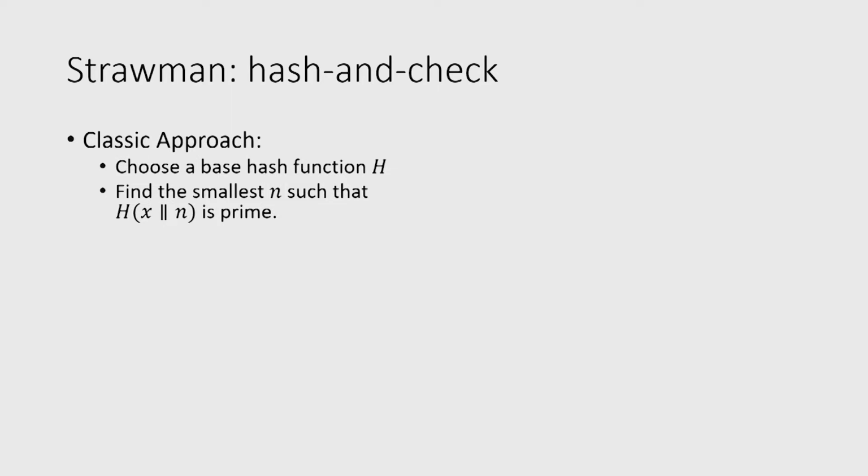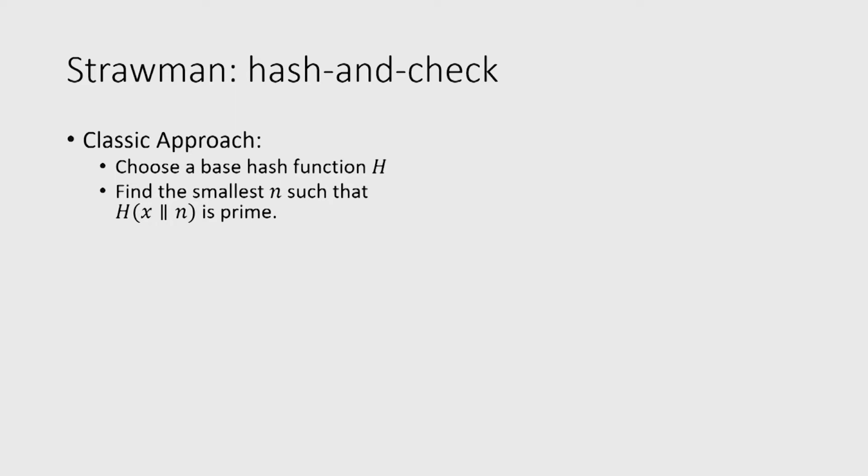The strawman solution here is the classic solution on CPUs, which is hash and check. What you do for hash and check, this is a classic idea, is that you choose some base hash function, consider SHA-256, for example, and then you define the hash of x to be h of x concatenated with n, where n is the smallest number such that this is prime.